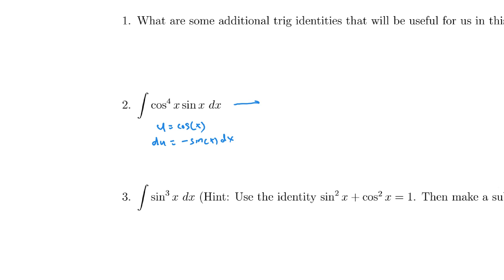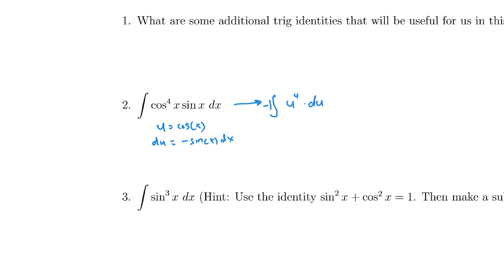And so with that as our choice of u, this becomes the integral of u to the 4th times, and then that negative sign, so this should end up becoming a du, but with an extra factor of negative 1, which I'll just pull out front right here. So that negative is coming from the negative sine of x, along with the fact that we're replacing a positive sine of x.